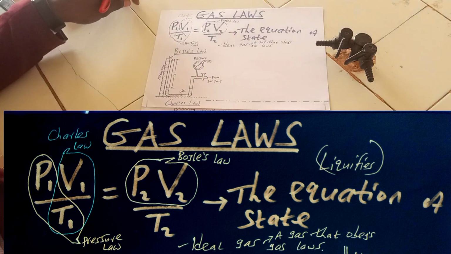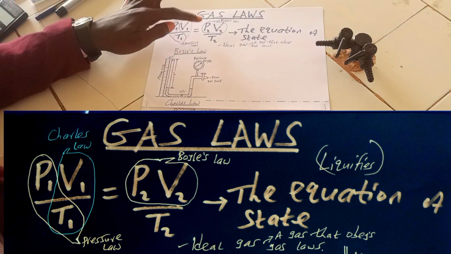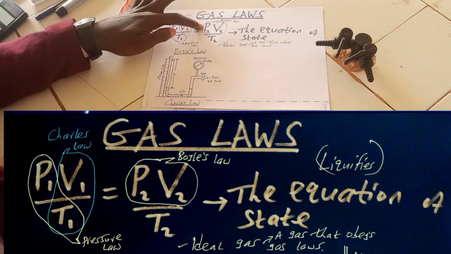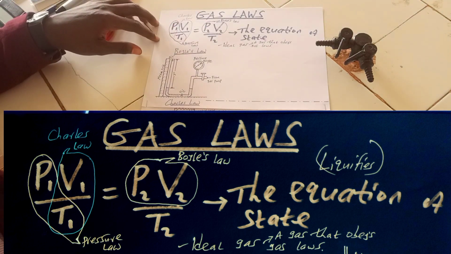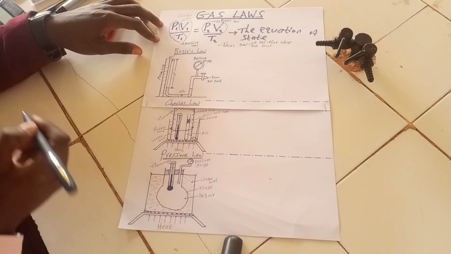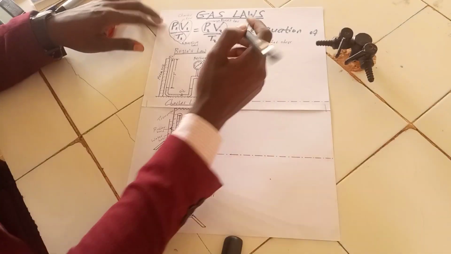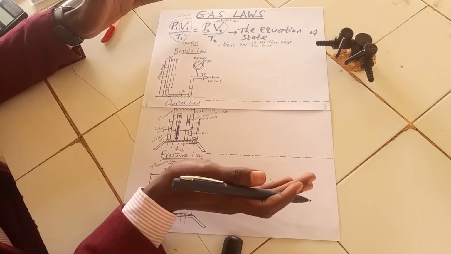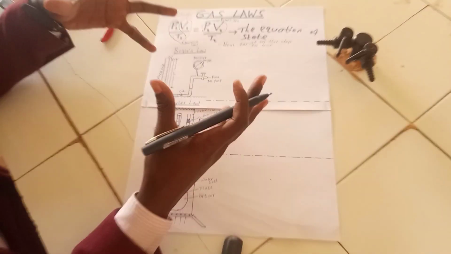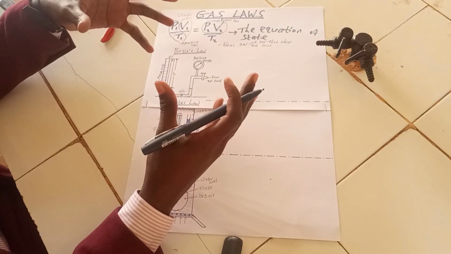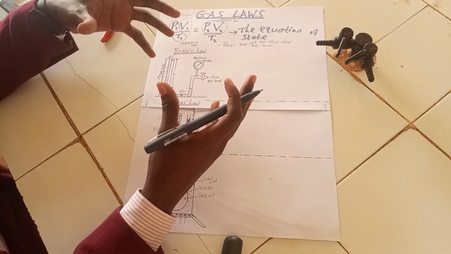So maybe we can start with the Boyle's law. For Boyle's, we are relating pressure and volume. So for that, let's consider a balloon. When you reduce the volume of a balloon having some air, you realize that this balloon normally bursts.